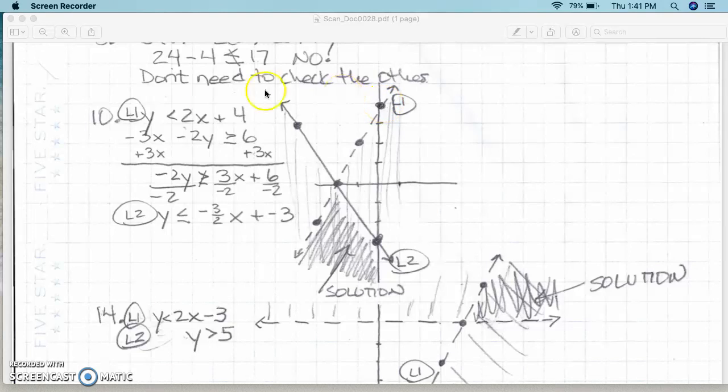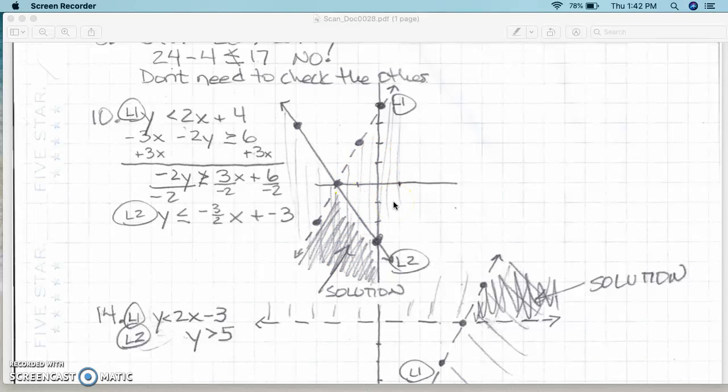I went to my intercept of (0, 2). Applied my slope, up to right 1 or down to left 1. It's a dashed line because this is not or equal to. And I shaded below because it wants y is less than that.